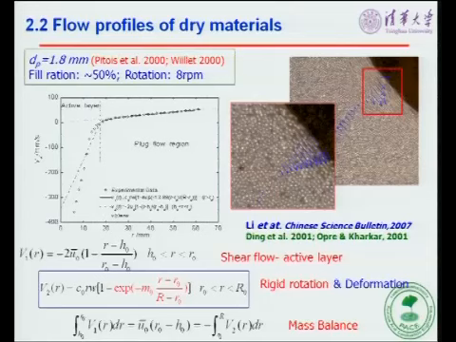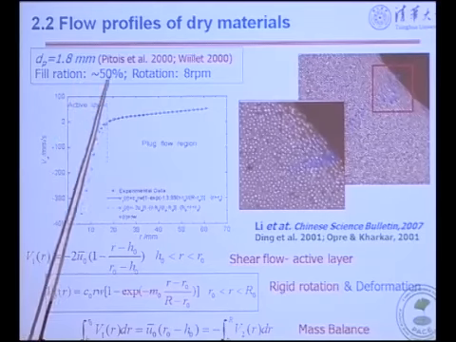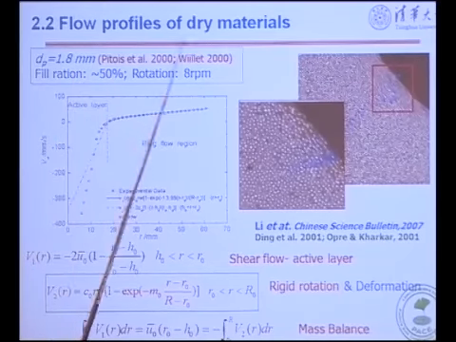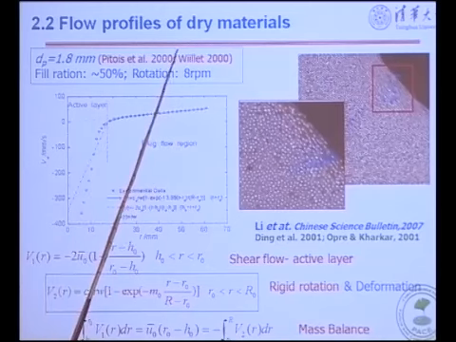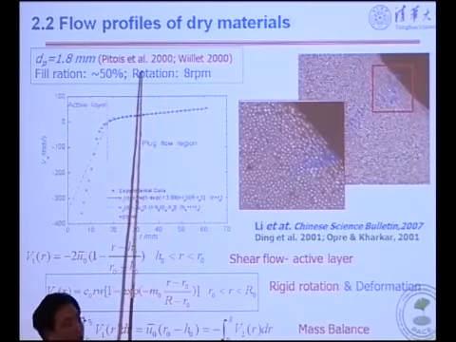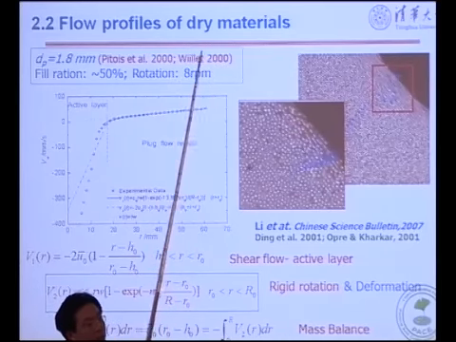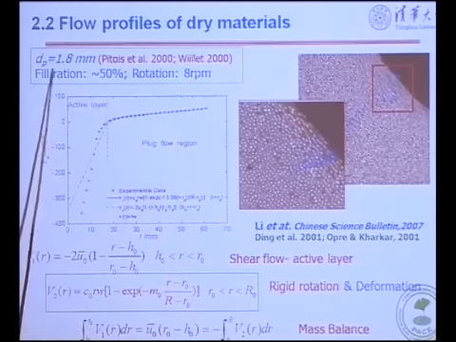For our drum, the radius is 60 millimeters, and the particle diameter is 1.8 millimeters. Why did we select that?